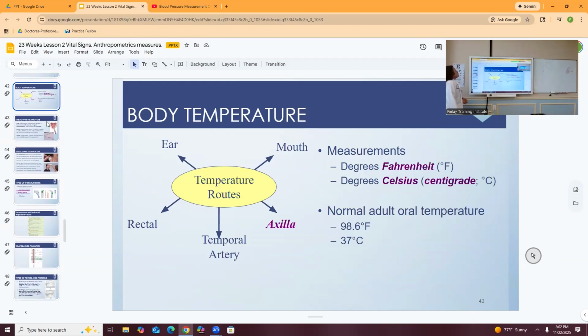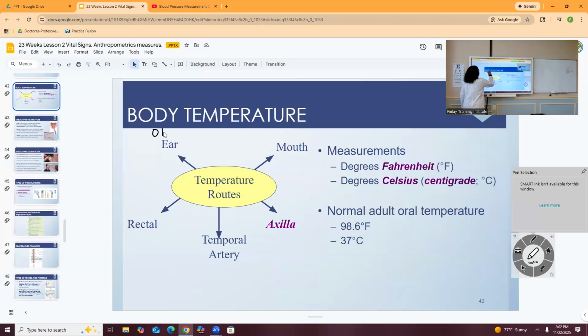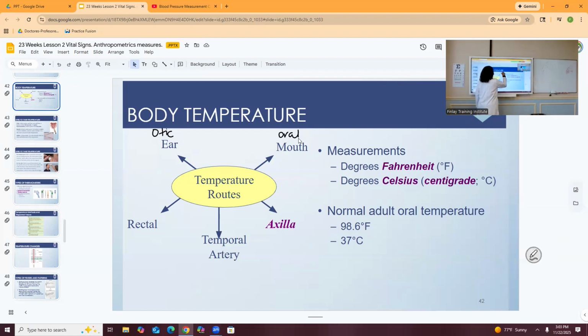The body temperature, we can take it in different places. We can take it in the ear, and that's the otic temperature. In the mouth, when we put the thermometer in the mouth, this is the oral temperature.